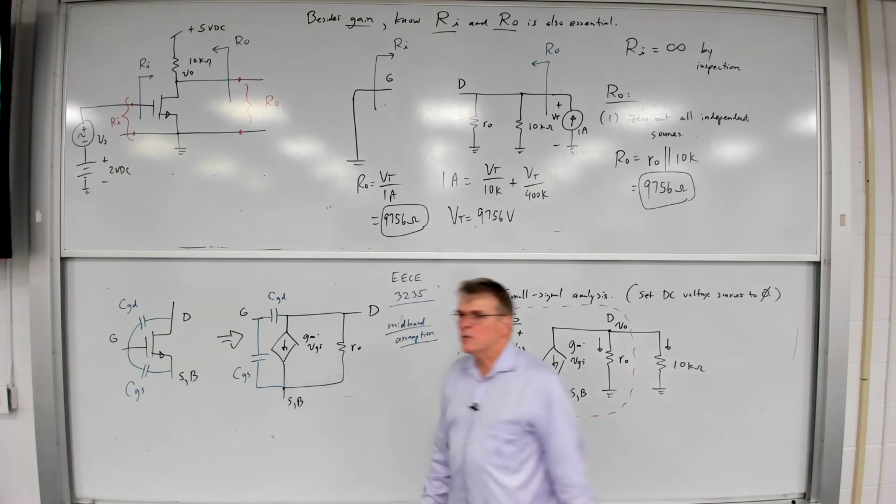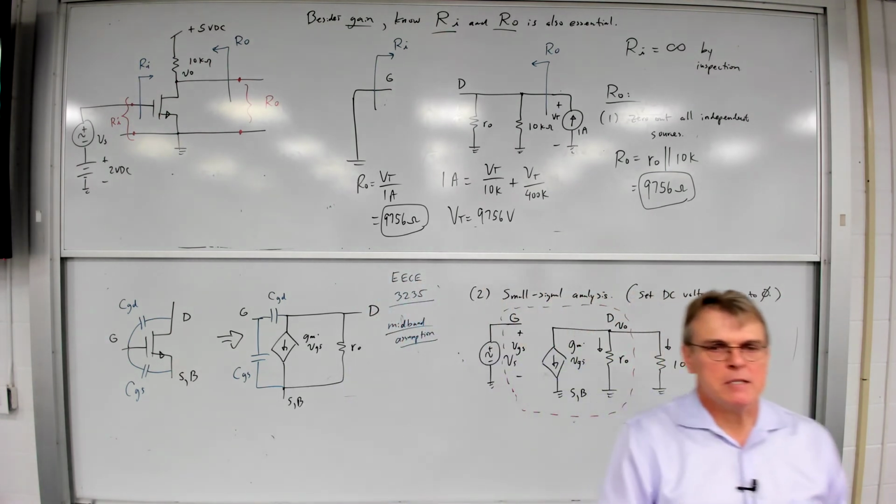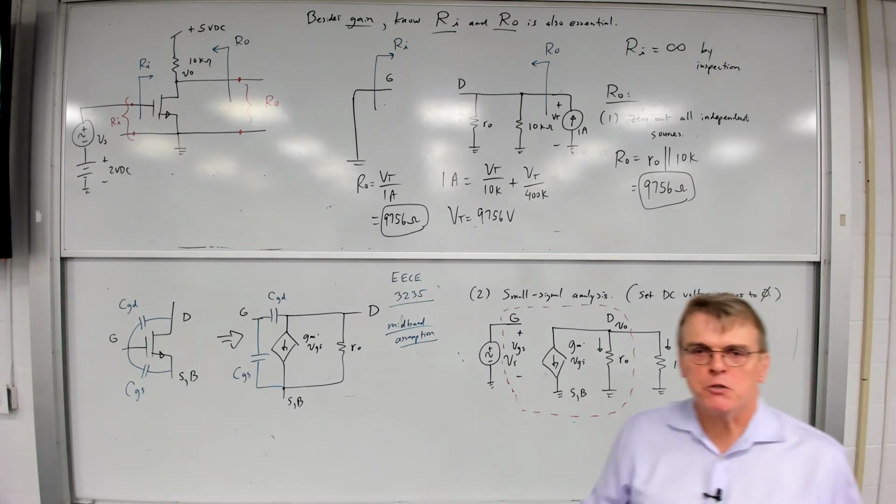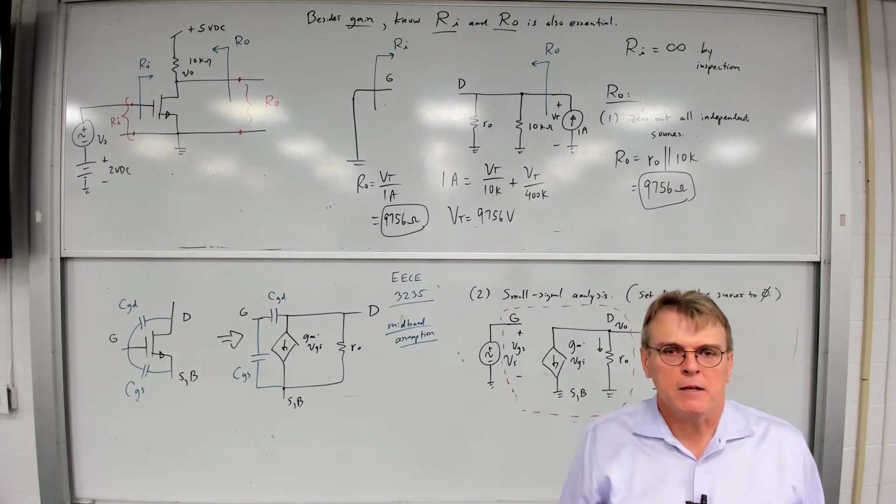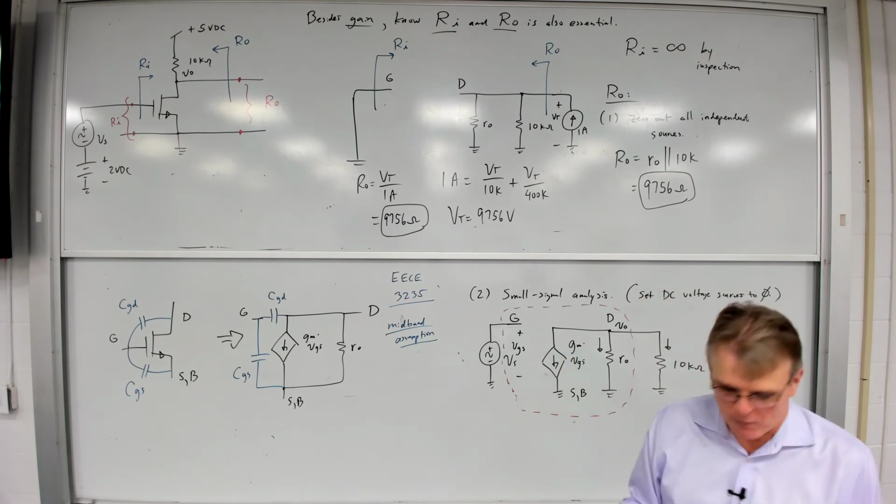So we're always going to assume that we are operating at frequencies such that capacitors are either so small or so large that they are either open circuits or short circuits. We just ignore them otherwise.